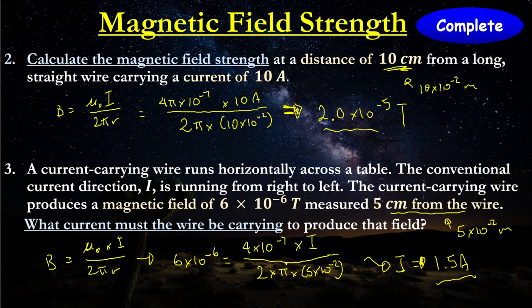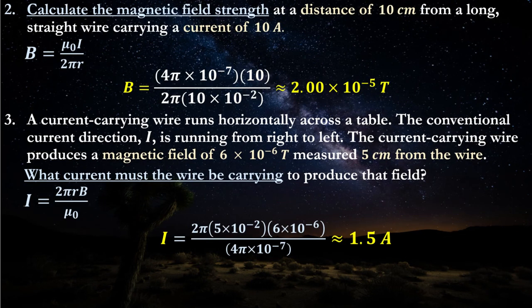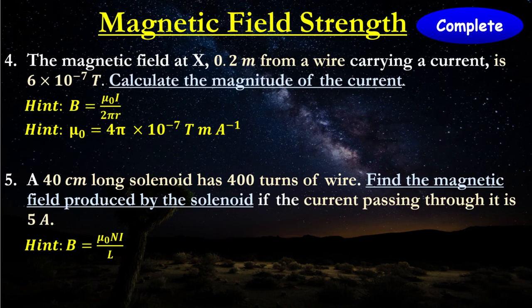Obviously, if you want to know the rearrangement of this one, you can always just check the answers. But that's how we do that. The next one we have is, again, for a current carrying wire. Calculate the magnitude of the current again. If I rearrange all the components already, the current equals magnetic field strength times 2 pi r divided by mu naught.